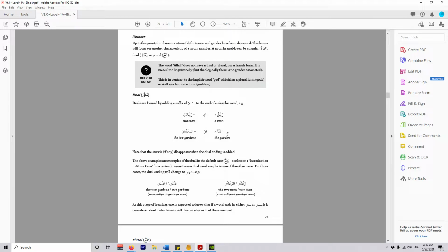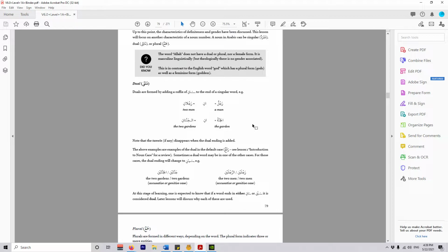And even if it's definite and has the alif lam in front of it instead of the dhammatain at the end, like here we have al-jannatu, the garden, we can say al-jannatani. So the u at the end, the dhamma, has been replaced by ani. So instead of al-jannatu, it's al-jannatani. So that's the basic rule how to make any sort of noun or ism a dual. And it also goes for adjectives and things like that, which we'll get to more later on.